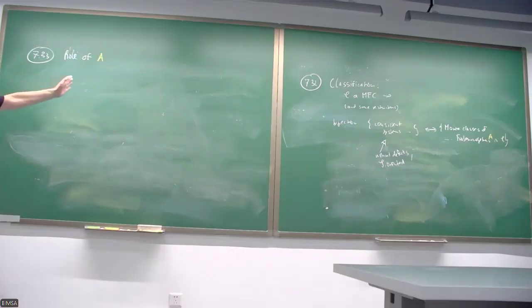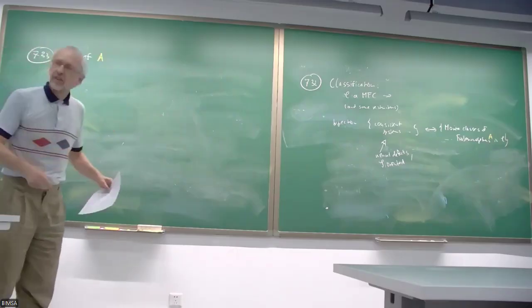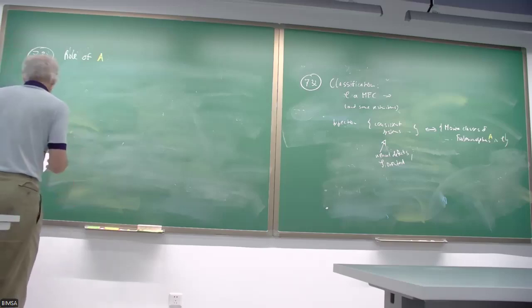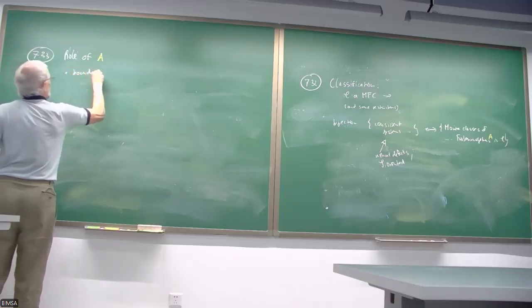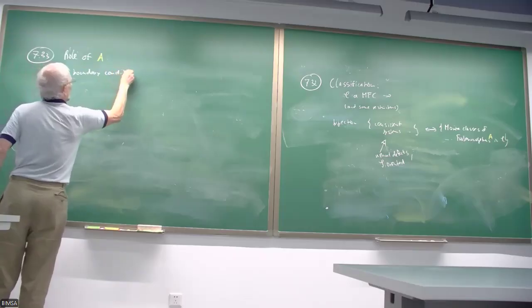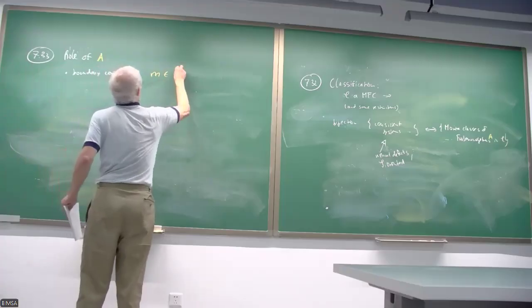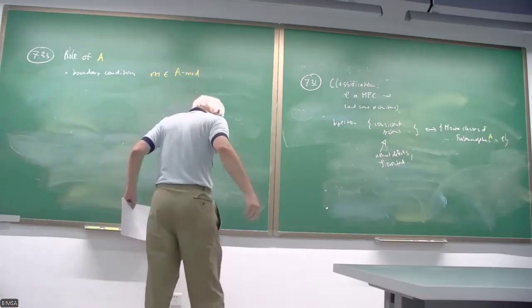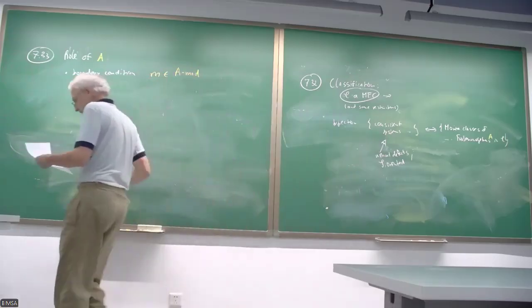But if I want to say something concretely about a role, then I have to choose some representative, which I again call A. And then we have that the boundary condition M will be an object in the category of A modules. And all of this is for the rational case.